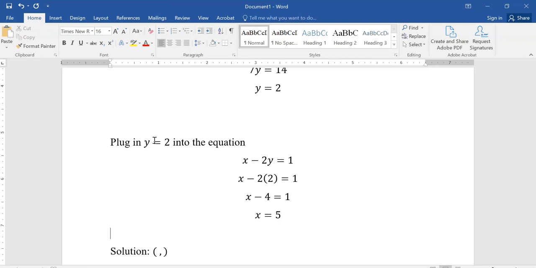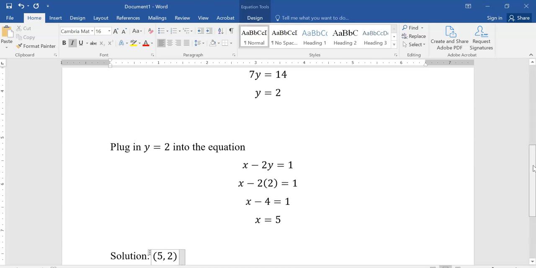So notice the x value in this case is 5, y value is 2. That means the solution is the point 5, comma 2. All right, make sure the x value comes first whenever you write a solution.